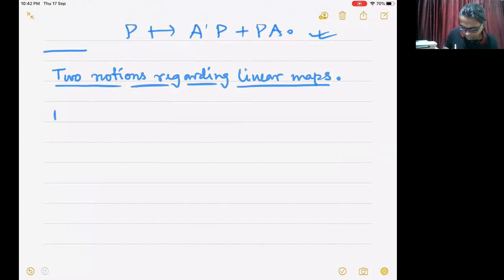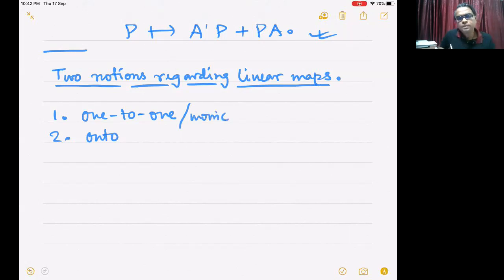The first one is the so-called one-to-one, and the second one is onto. There are other names also. One-to-one maps are also called monic maps, or monomorphisms.